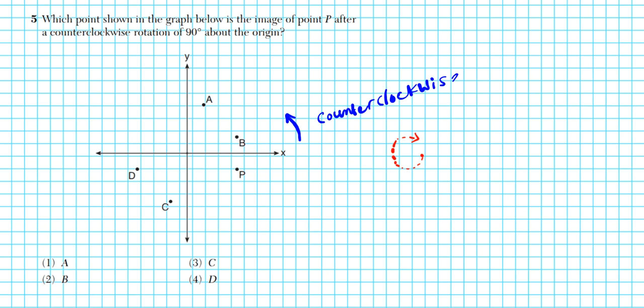Our focus is on point P, okay? So when we rotate counterclockwise, this axis right here ends up here, and this axis ends up there. So when we rotate counterclockwise, notice how close P is to this axis.